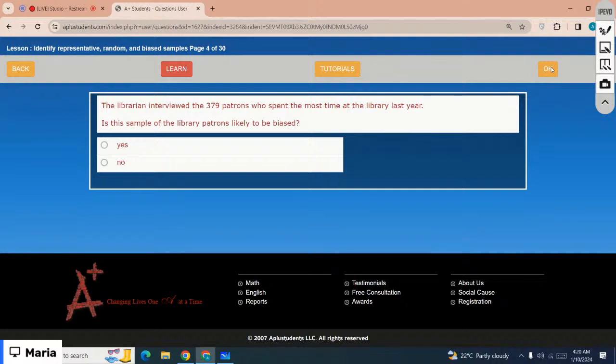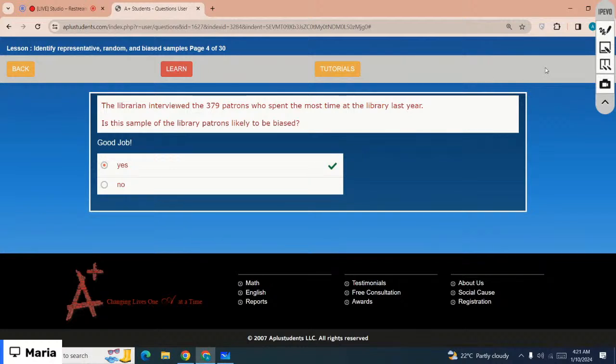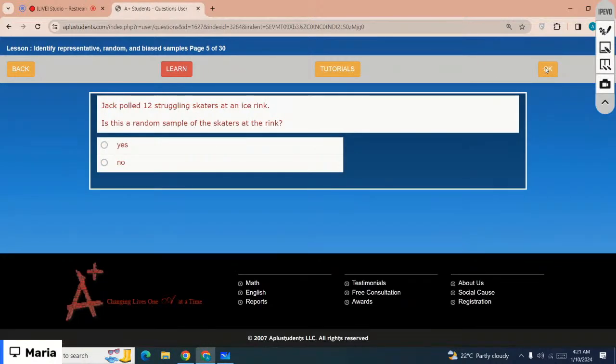The correct option is yes, they are biased. Why? Because these 379 patrons belong to a specific group. They are the ones who spent the most time in the library, right? So the sample is likely to be biased. Biased means a specific group, right?